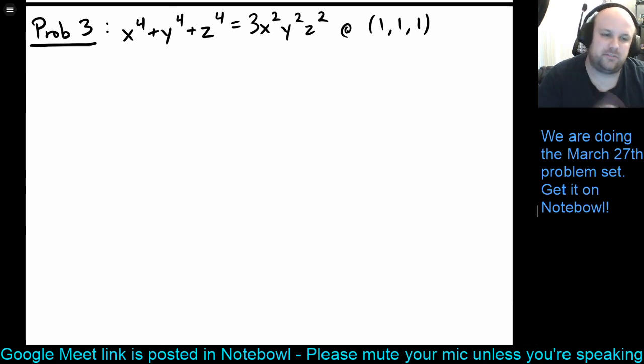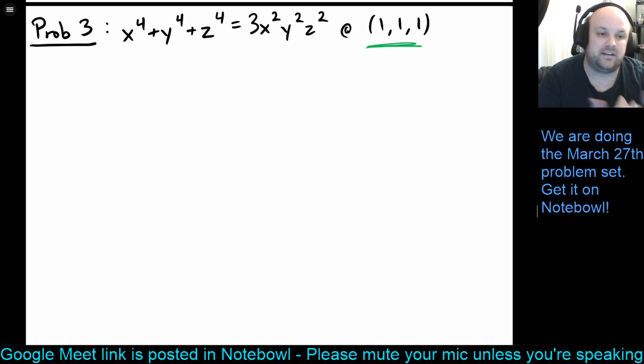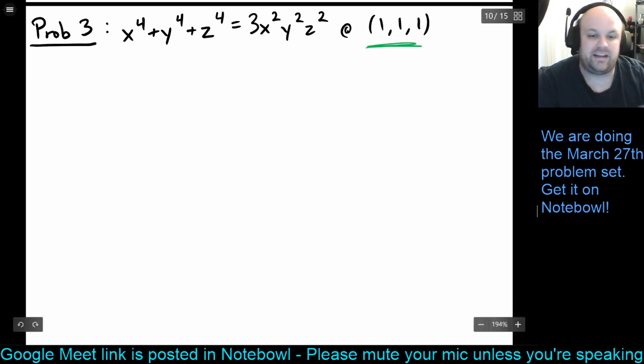But the key thing here is, when we want to get the tangent plane, remember, we need a normal vector to the plane, and we need a point on the plane. Well, the point on the plane is obviously this, because that's where we're trying to find the tangent plane. This is where the gradient being perpendicular to the surface comes in.